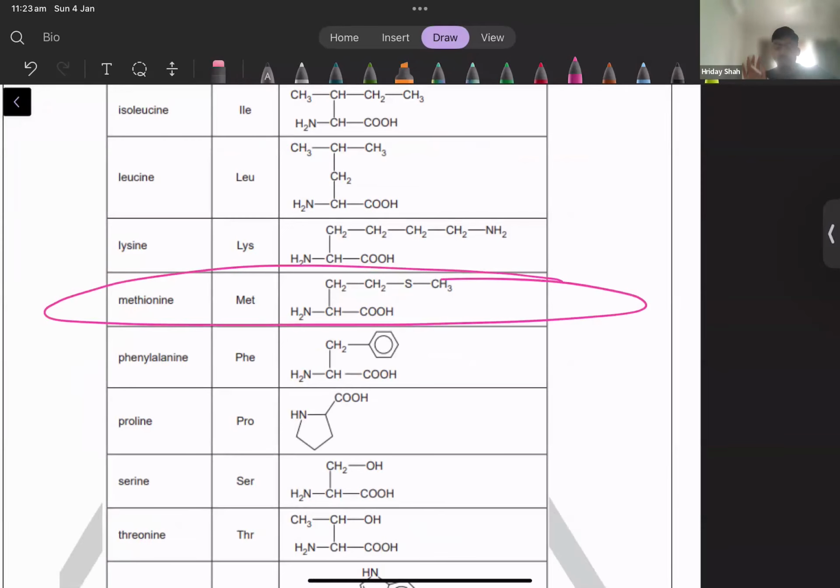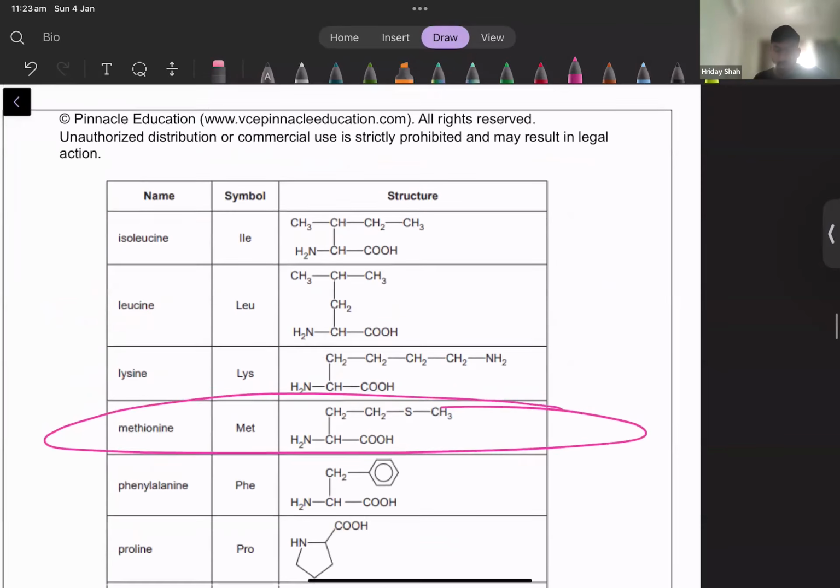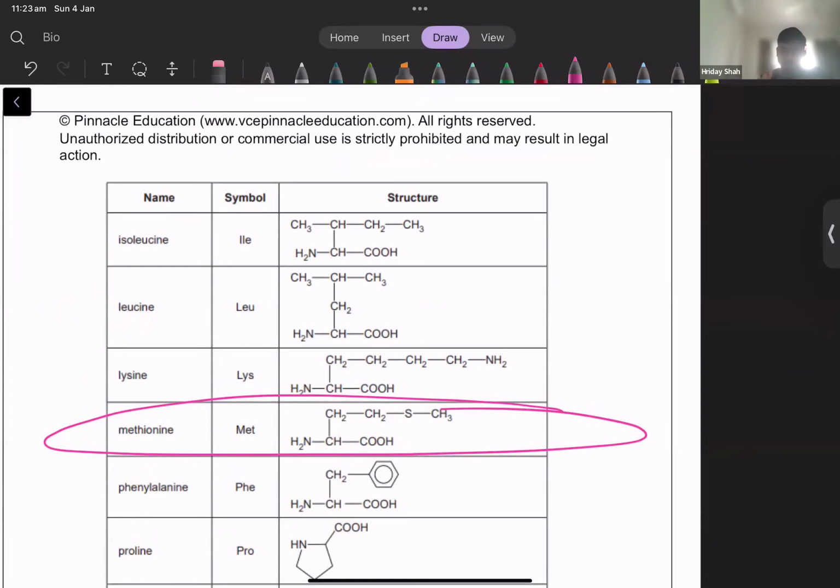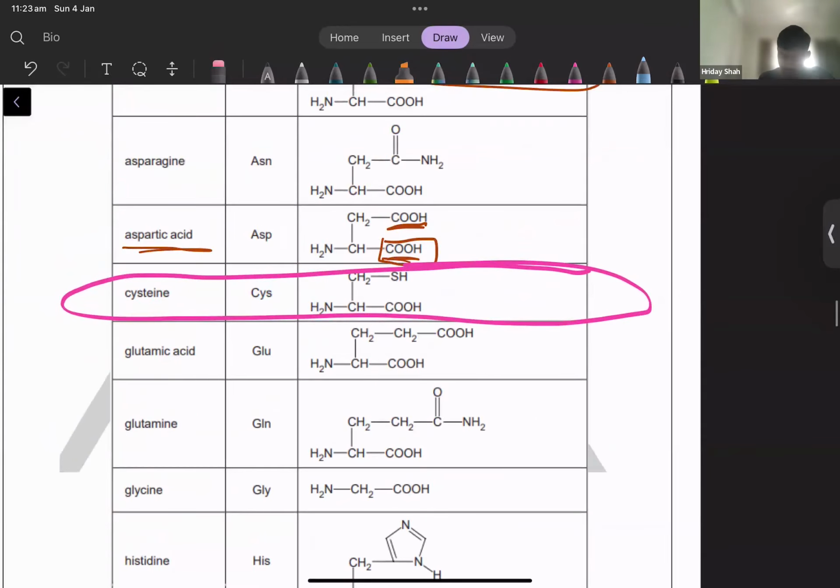Methionine, that's okay. For any amino acid, by the way, for biology, you are allowed to abbreviate it to the symbol given here. So you can just write MET instead of having to write all of methionine out. Now, these two are the only ones with sulfur inside of them.